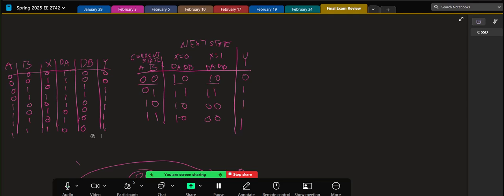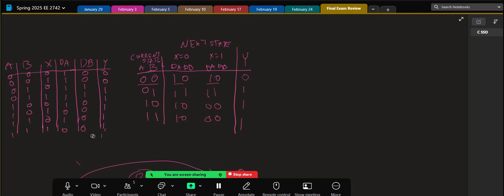I thought that the input of X would change which states you would get. I thought you would get a different Y value depending on the X input. That's the whole Mealy-Moore thing.